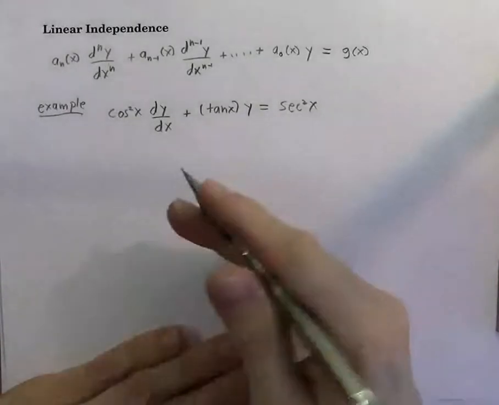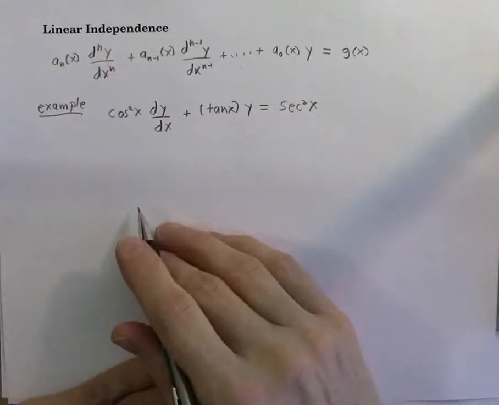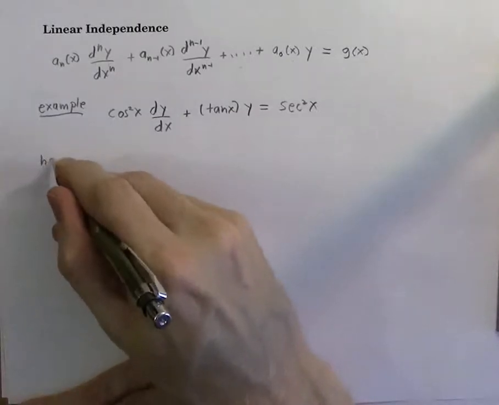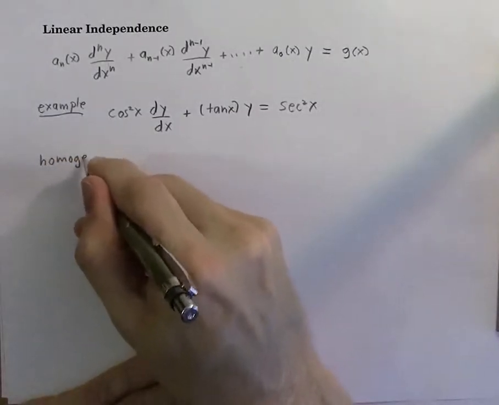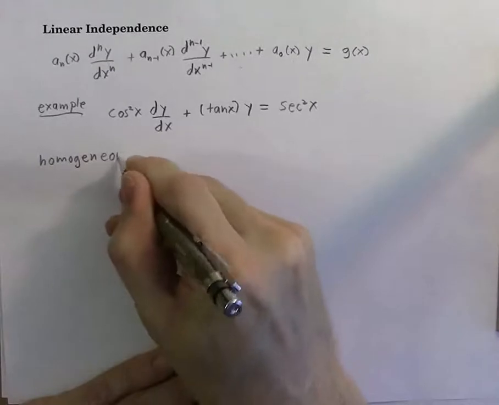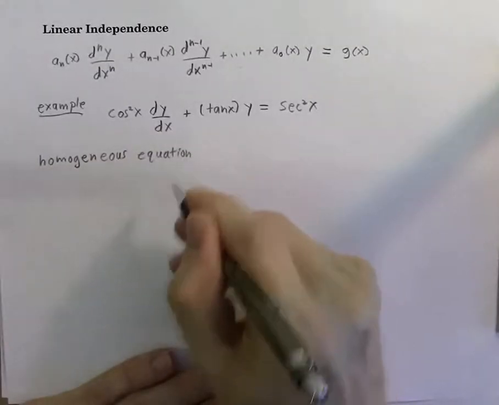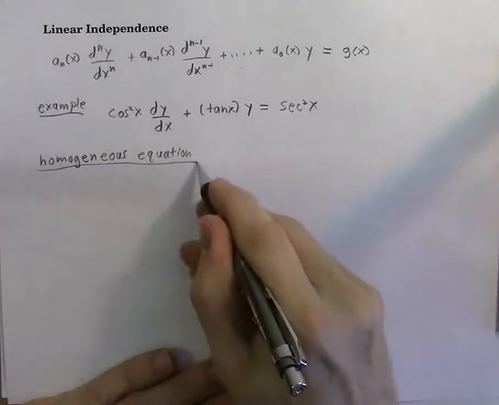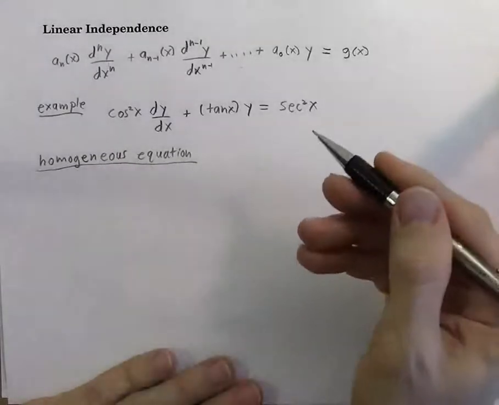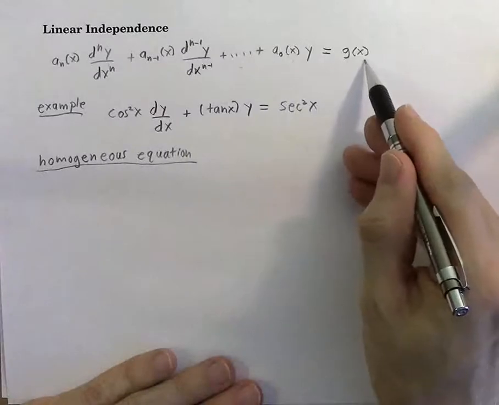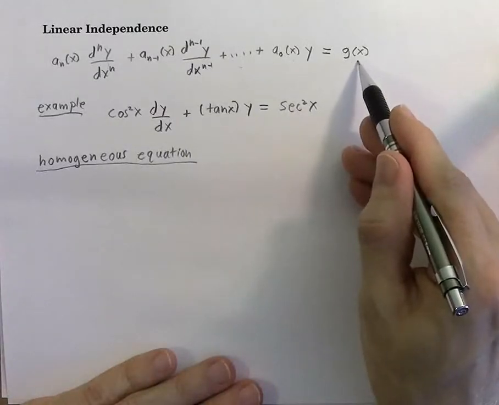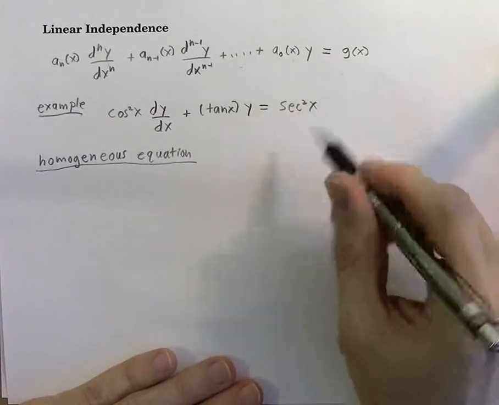Now there's a very important special case for these linear equations, and that's something known as the homogeneous equation. The only difference for the homogeneous equation is that this g of x that's on the other side is always equal to 0.